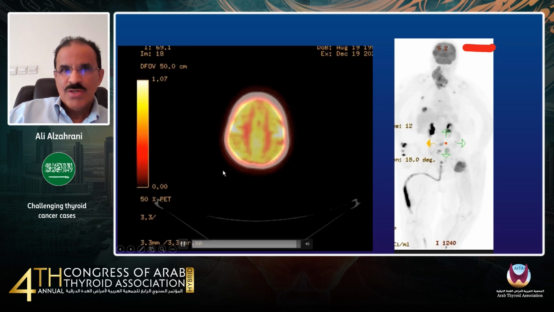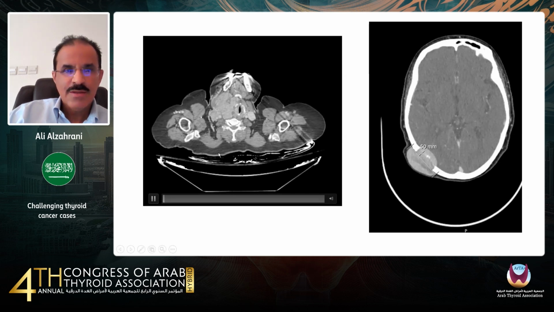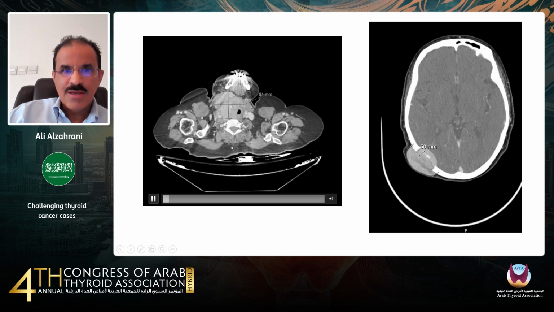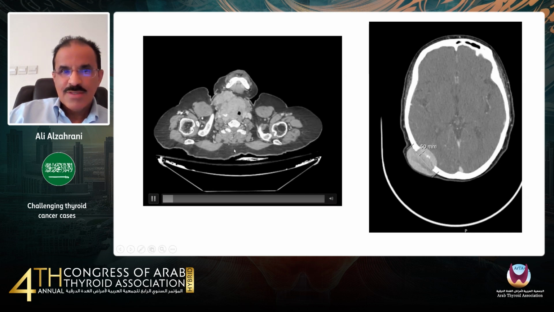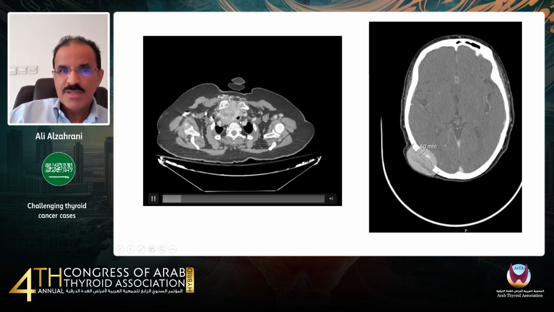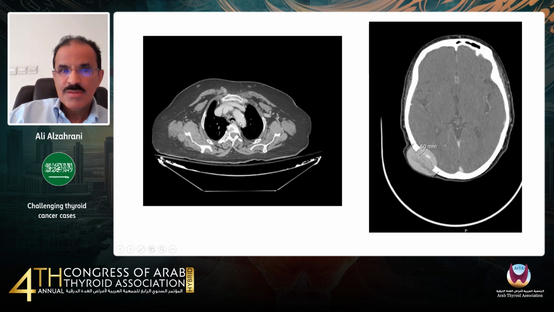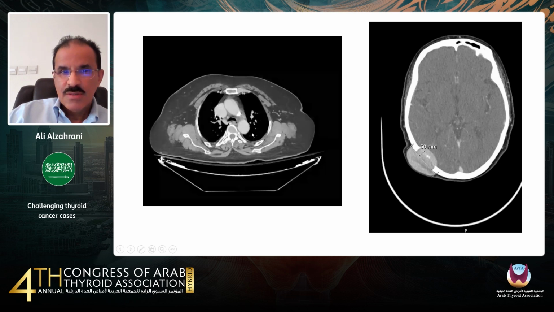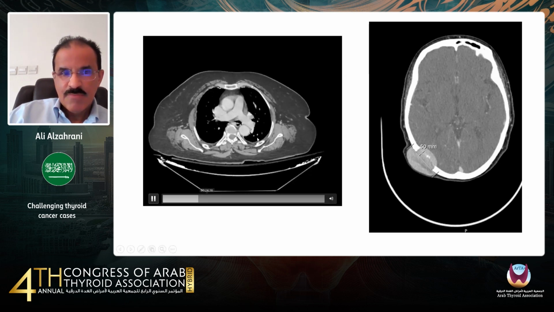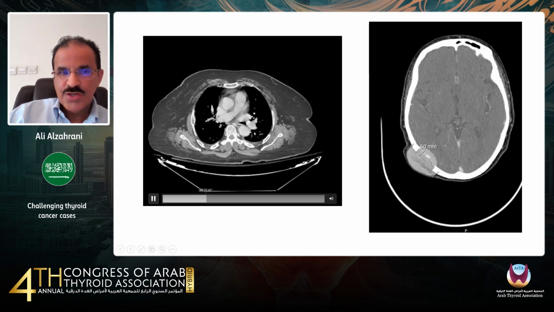Okay, so on the CT scan, again, you can see a huge mass in the neck. Again, I can run this quickly so you can appreciate the anatomical extent. This is going down in her superior mediastinum, with compression of the trachea. Rib lesion.